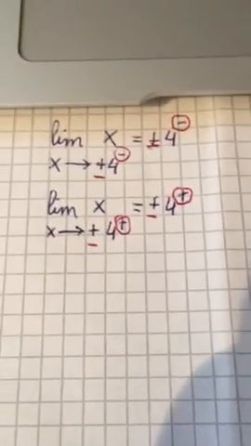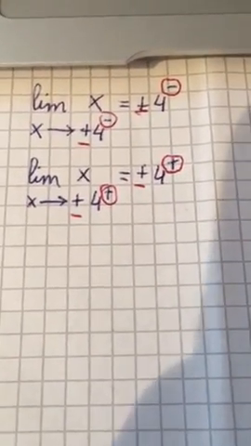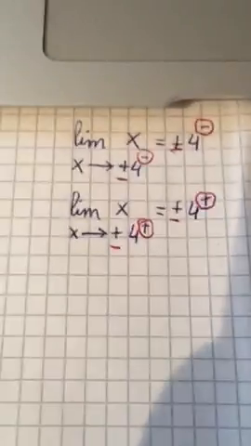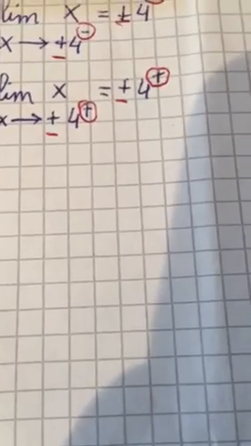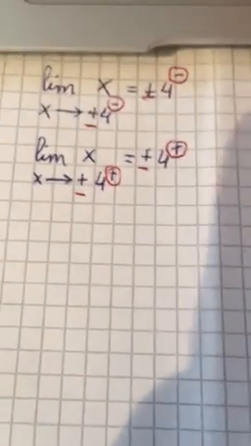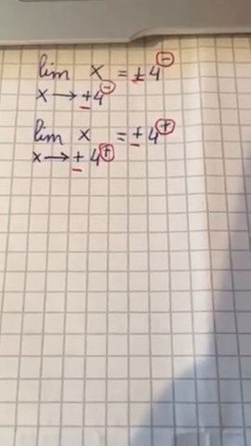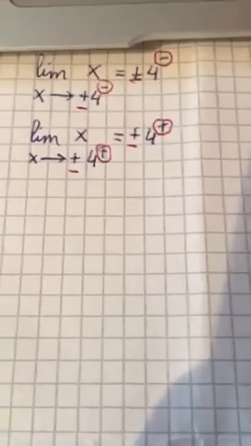Now, this means that those signs here have a dynamic meaning, so they show the direction from which the function is approaching the value. So we can just read these limits as the limit of x as x approaches plus 4 from the left is equal to plus 4 from below.